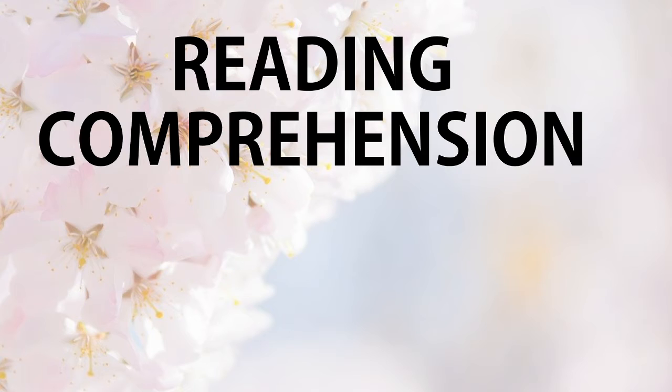Today we are going to discuss in detail how to attempt reading comprehension. Students are expected to have acquired a reasonable degree of language proficiency in English by the time they come to grade 12.